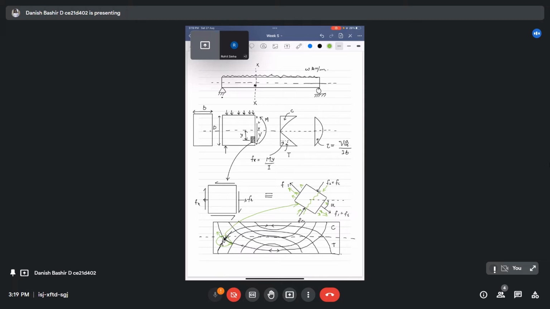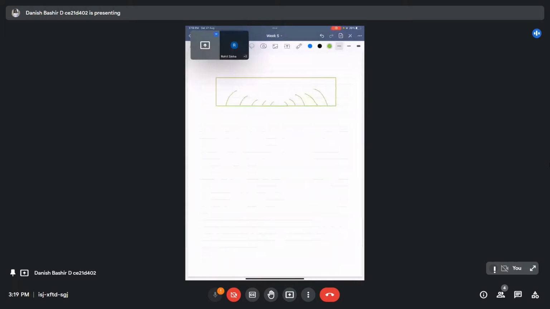So now to prevent these cracks, we design in addition to the tensile reinforcement that we provide for flexural stresses, for shear stresses, we provide shear reinforcement. That shear reinforcement we provide in the form of stirrups. For example, we have tensile reinforcement like this, compression reinforcement like this.